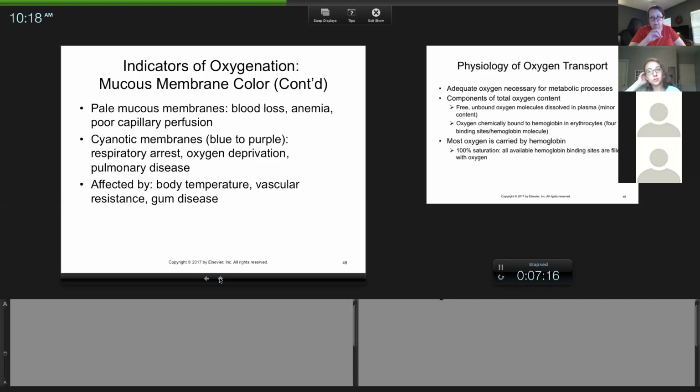I'll give you an example. When you guys are sedating these guys for radiology, they are not on oxygen. They are breathing room air. But a normal animal, even sedated, even respiratory depressed, should not be blue to purple. They can be pale because of the drug. They shouldn't be blue to purple.